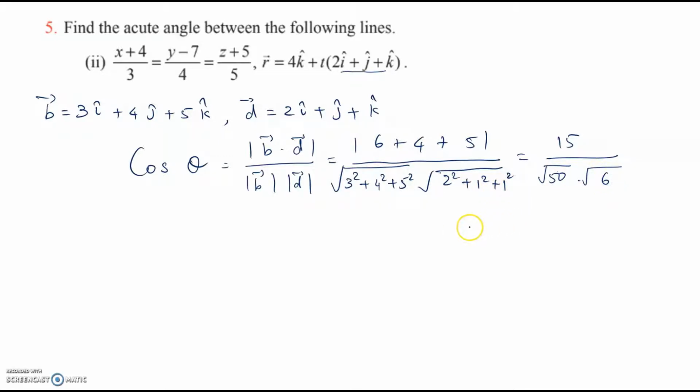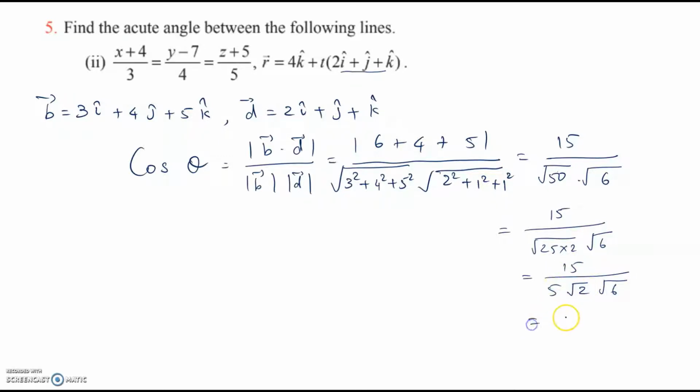So further this can be written as 15 divided by, you can write square root of 50 as root of 25 times 2 root 6, which is equal to 15 over 5 times root 2 into root 6.